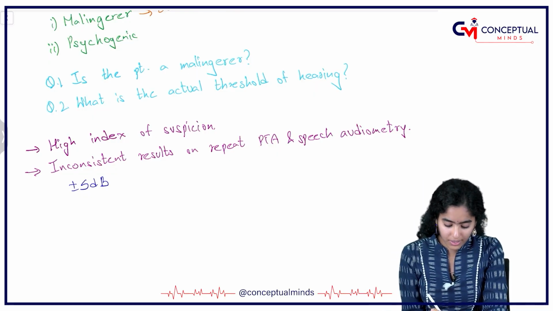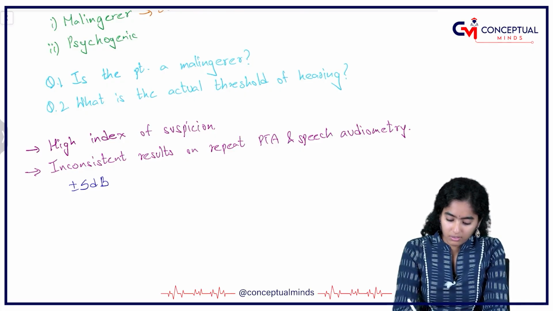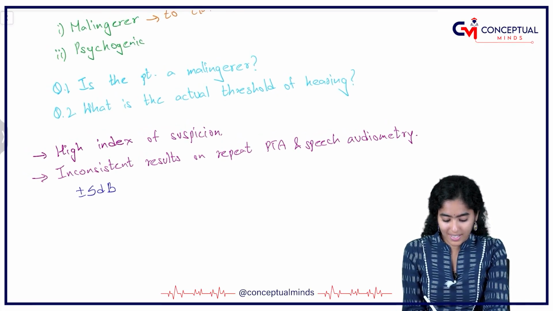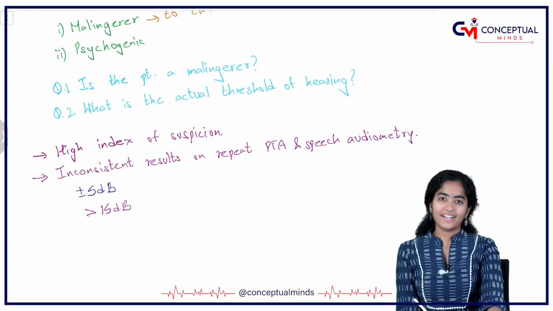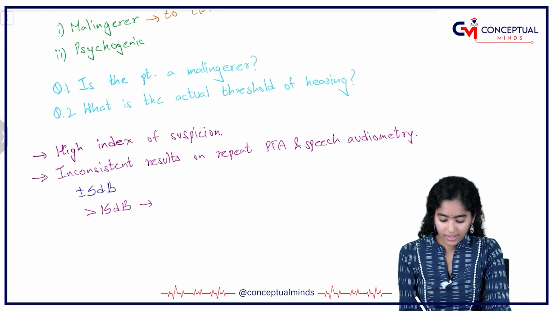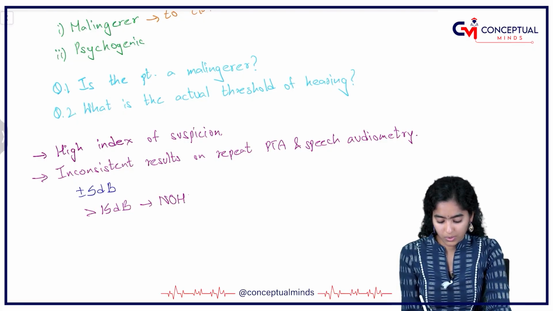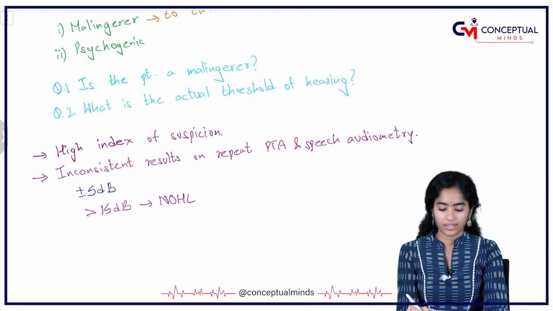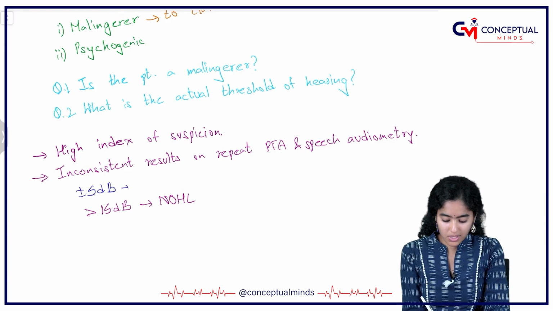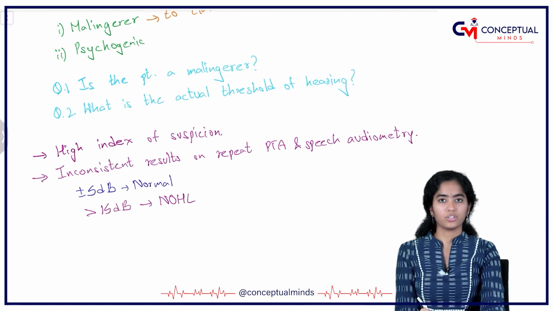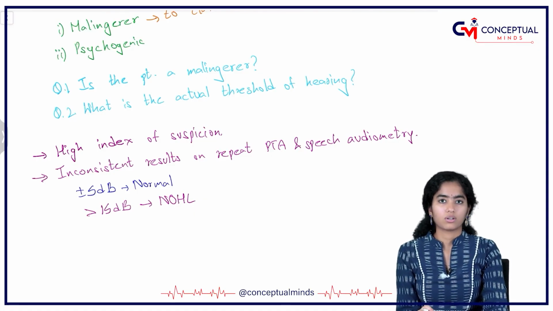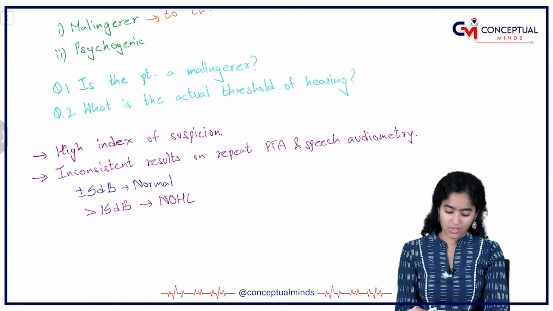But if it is more than 15 decibels variation, then it points towards non-organic hearing loss. 5 decibels is normal, but more than 15 decibels variation, it is non-organic hearing loss.